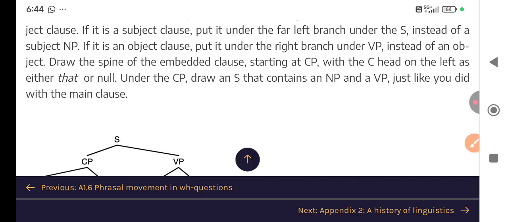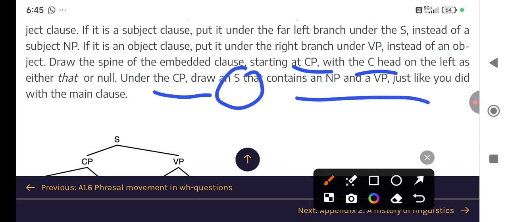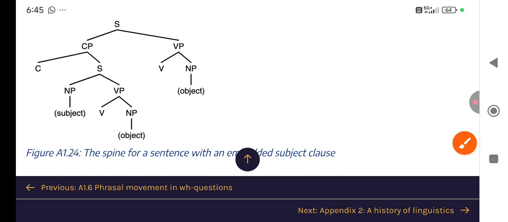That's a clause phrase with the C head, clause head, right? That's a clause phrase and clause head on the left as either that or null. Under the CP, draw an S because that is also a sentence, and then start what we did earlier, this way.